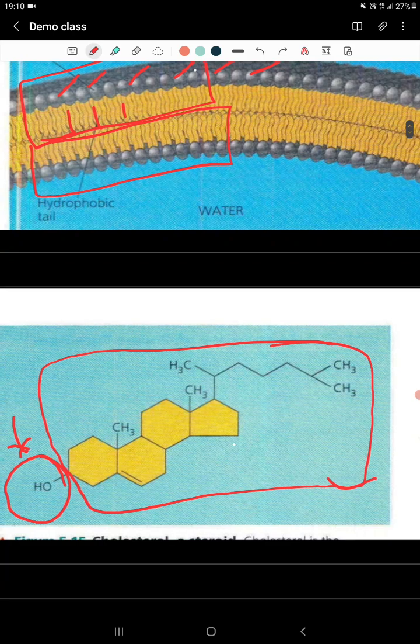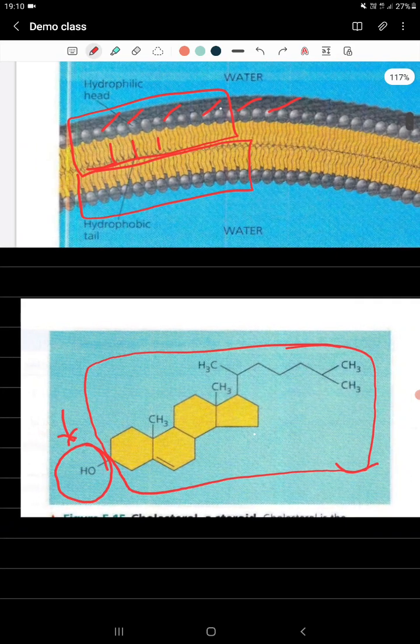Now see this cholesterol. This also has a hydrophobic and a hydrophilic part. The importance of cholesterol here is that it helps to maintain membrane fluidity. Suppose it is quite cold, the temperature is below zero. As the temperature falls, the intermolecular forces and the freedom of the molecules to move from one end to another keep on ceasing.